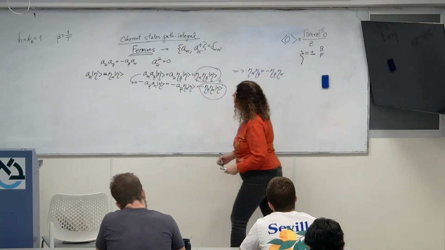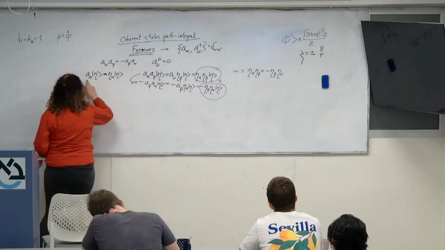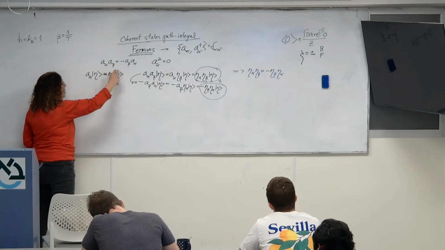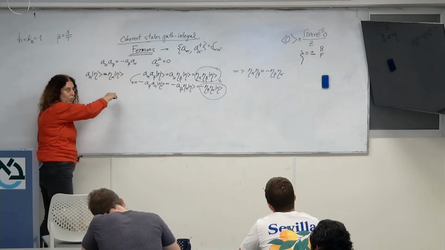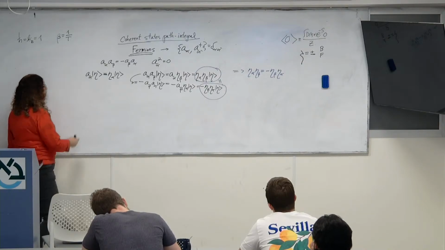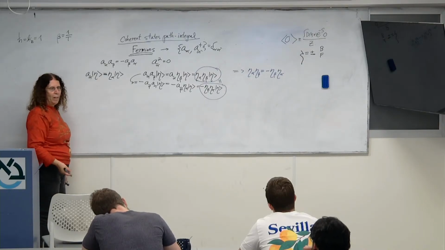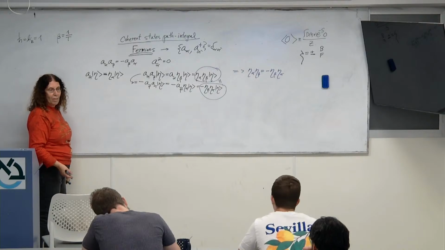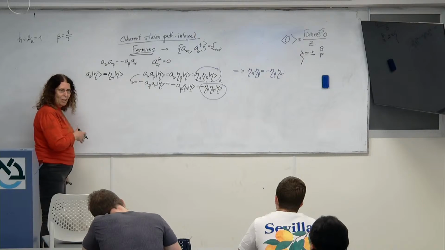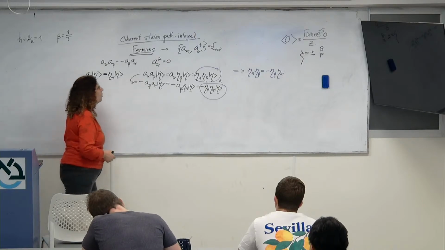So we know that A alpha acting on a coherent state gives you something different from zero, right? Because it's just an eigenvalue. It's different from zero. But if we apply it twice, we know that the left-hand side is zero, the right-hand side has to be zero.